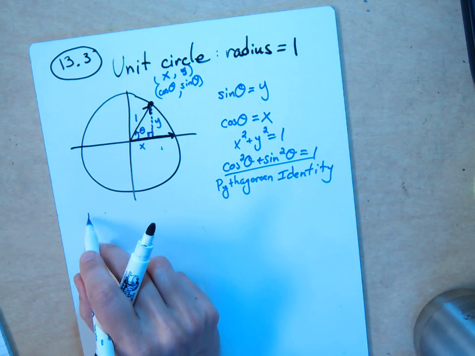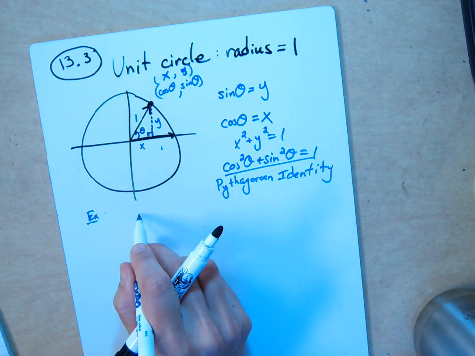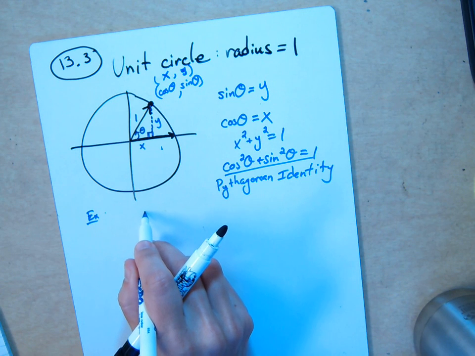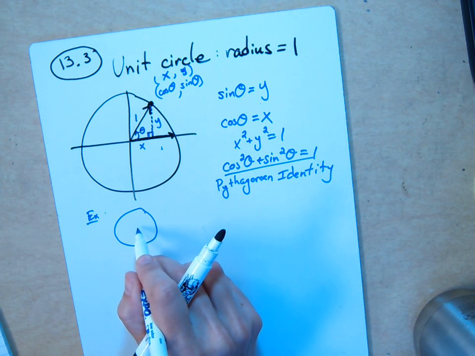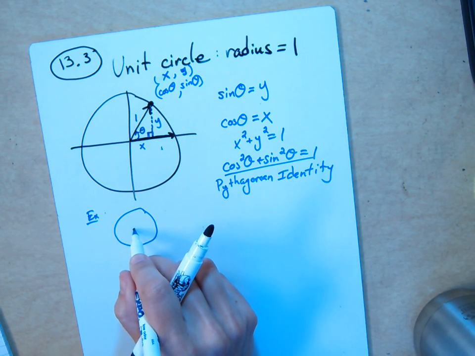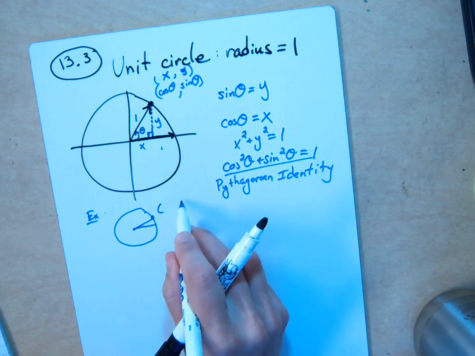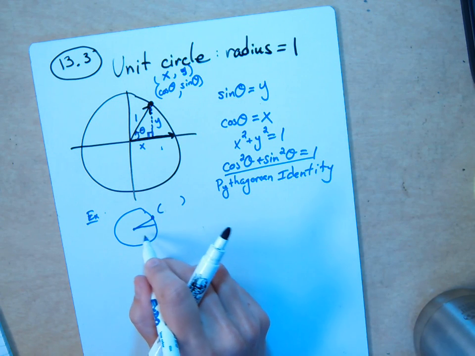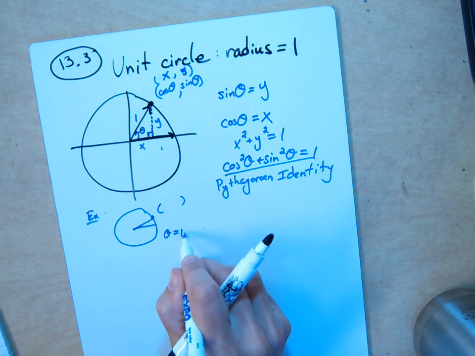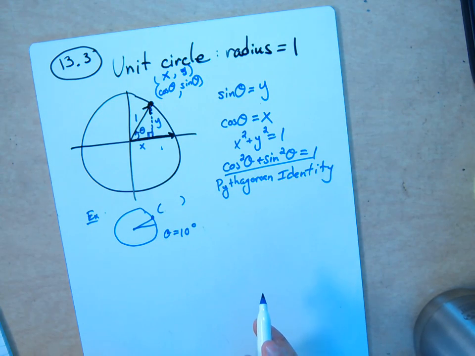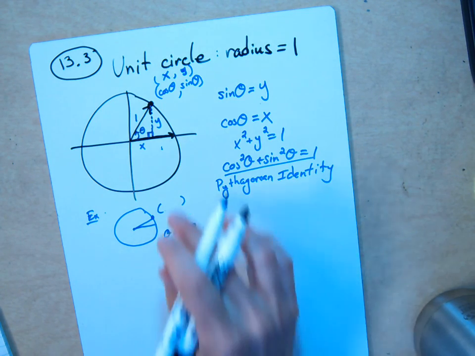So let's look at an example. Let's say I draw this circle with radius 1, and I rotate, say, 10 degrees, okay, and I want to know what the coordinates are. Let's just say theta equals 10 degrees. So go ahead and take the cosine of 10 on your calculator.